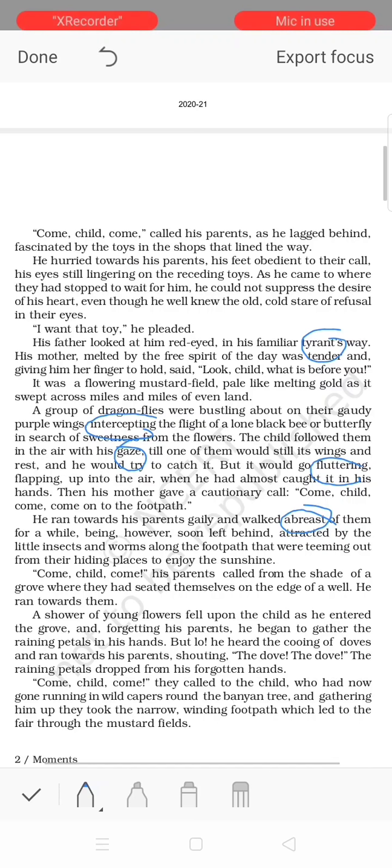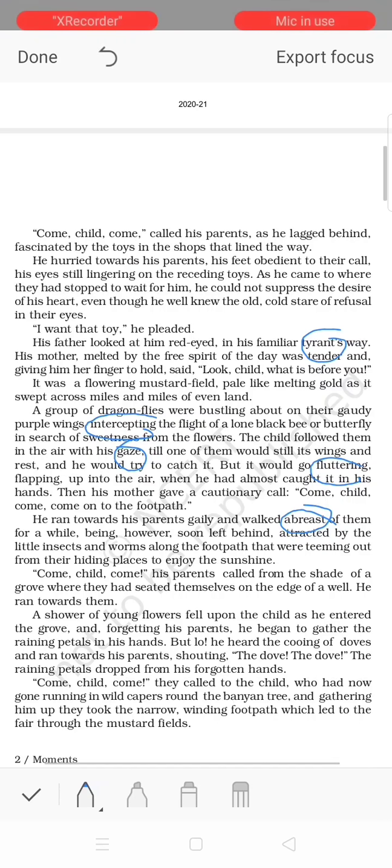"Come, child, come," his parents called from the shade of a grove where they had seated themselves on the edge of a well. He ran towards them. The parents, calling him, they sat near to the well under the shady tree, and the child also joined his parents. They were little tired, so they sat down.